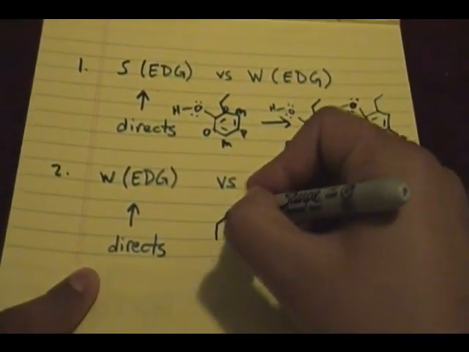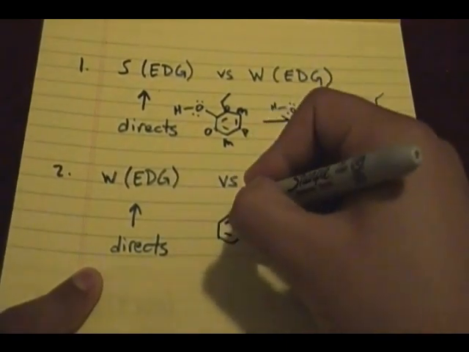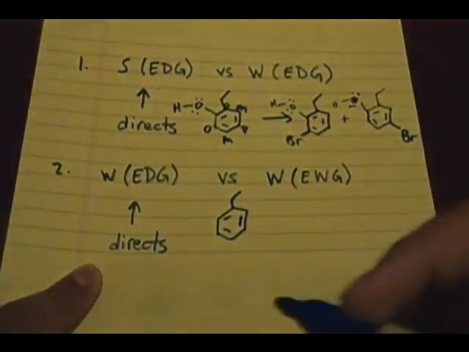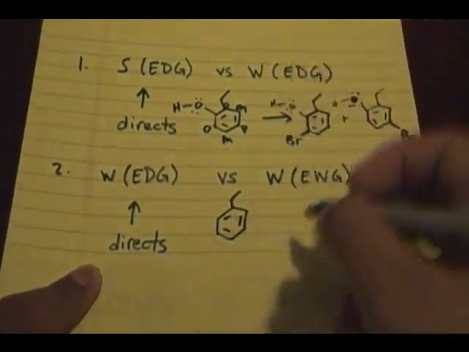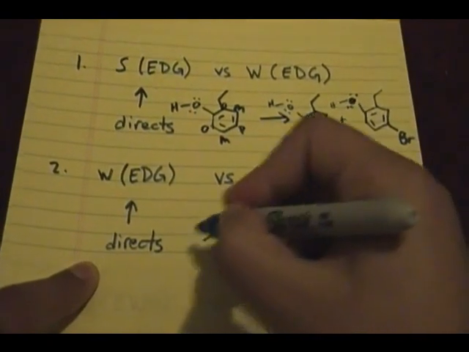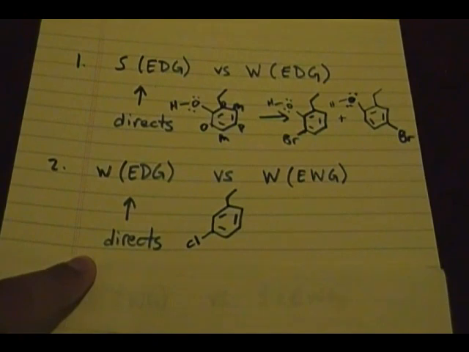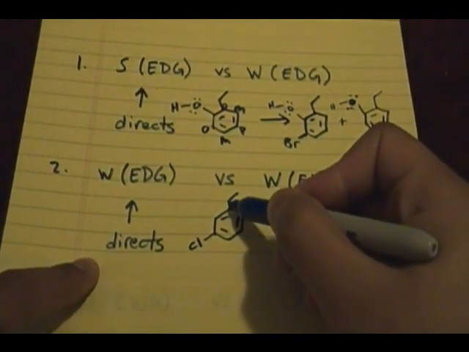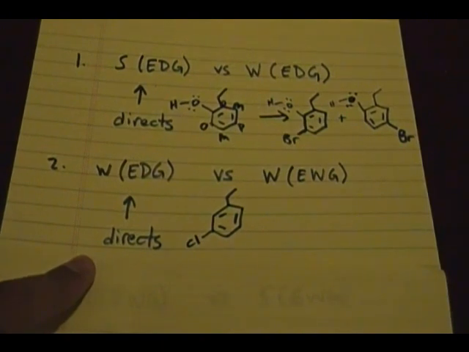So if this is your aromatic ring, and, keeping it constant, you have an ethyl group there and a weak electron withdrawing group. You guys need to know the weak electron withdrawing groups and donating groups by memory. So let's put a Cl here. This will determine the position of the incoming bromine.